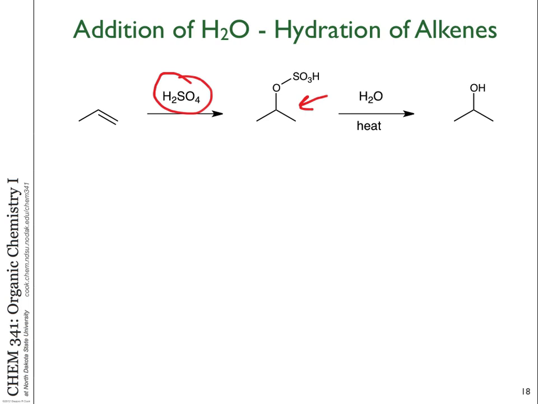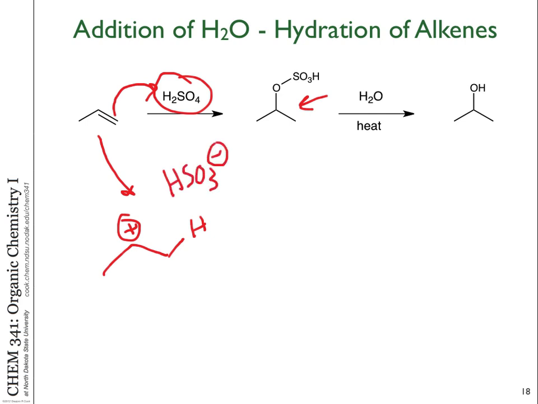a double bond. Notice what happens here in the mechanism is protonation of the double bond, so the proton adds to the less substituted carbon, leaving the more substituted, more stable plus charge, and then you have HSO4 minus as the anion that could add and form a bond.